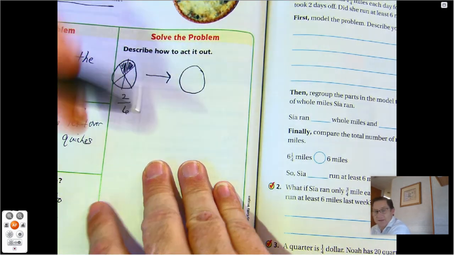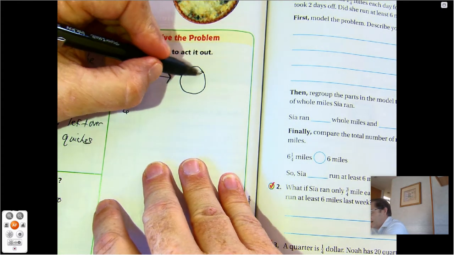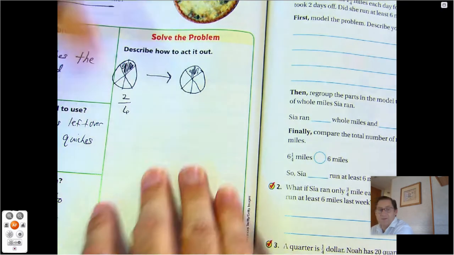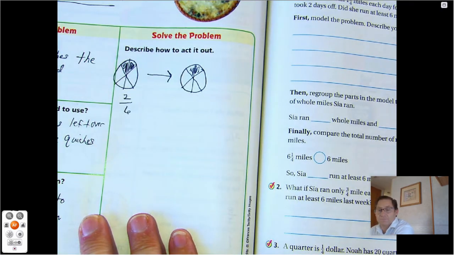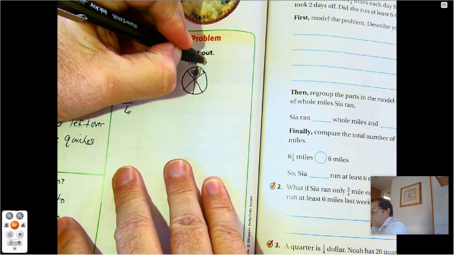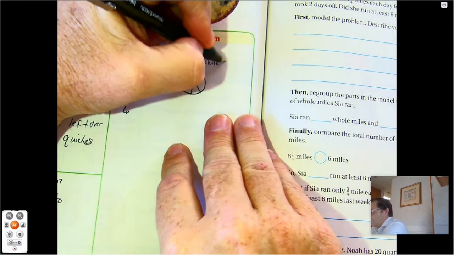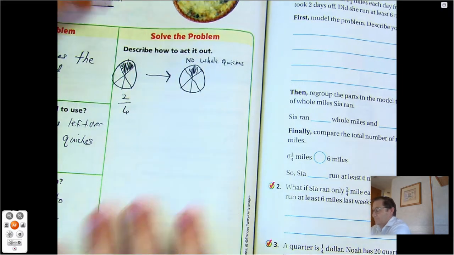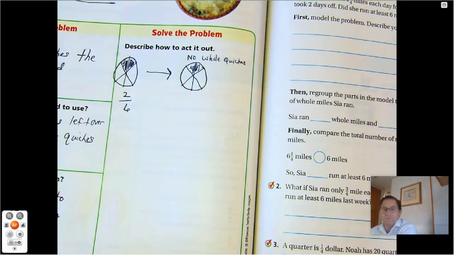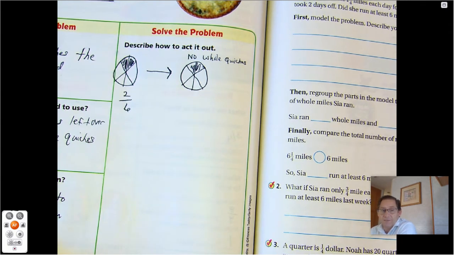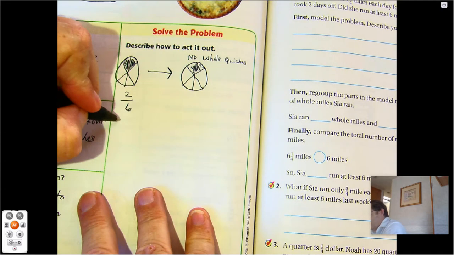And if I put that in another dish, because the chef is combining them, I still have only 2/6. So no whole quiches. All right, so it wasn't one dish then, right? It wasn't one dish of 2/6. Let's try another one.